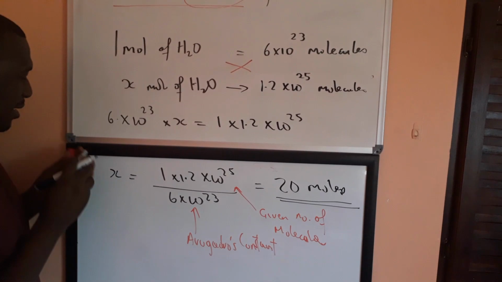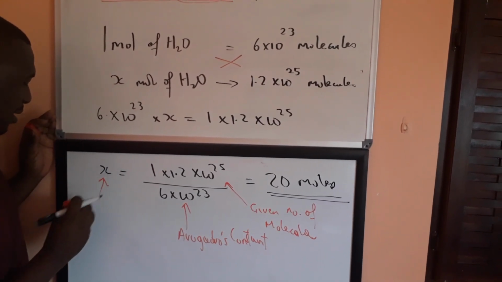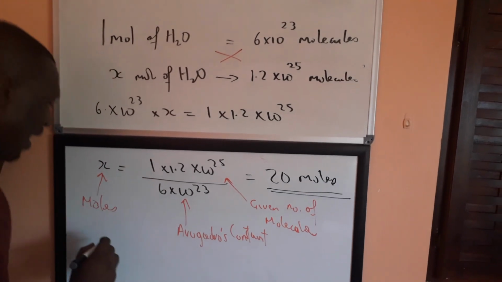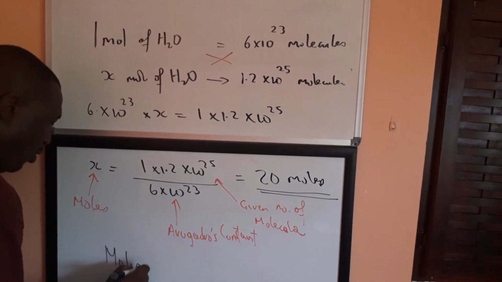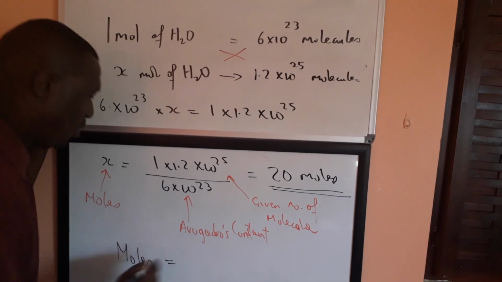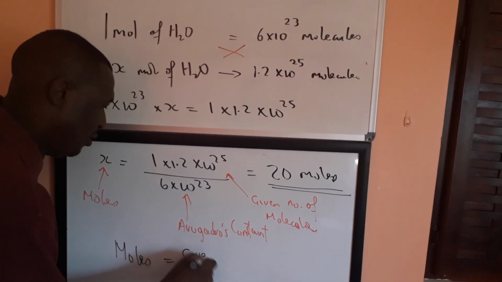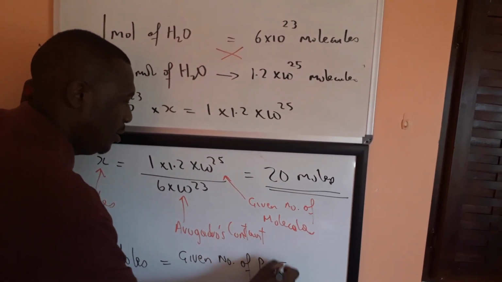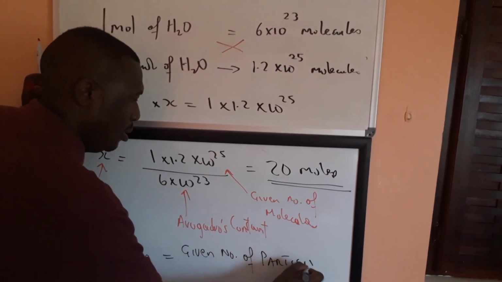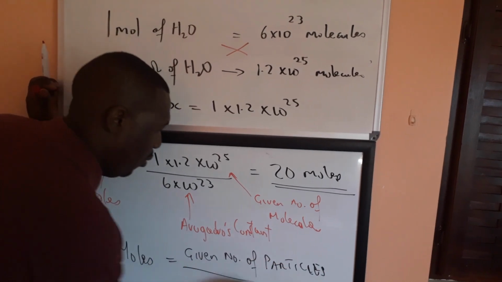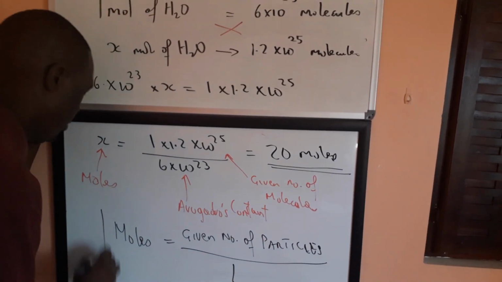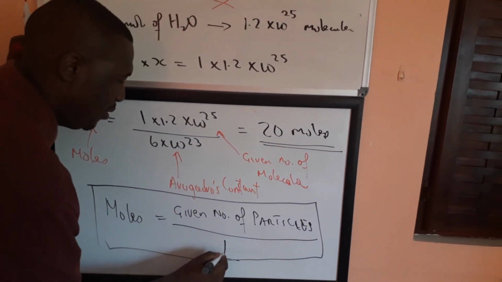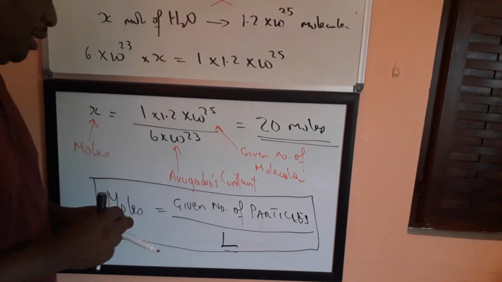So from this, we can derive the formula that moles is equal to given number of particles over L. And just like that, we have derived a formula for working this out.